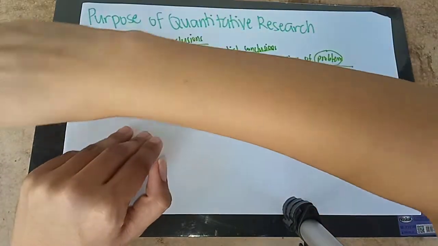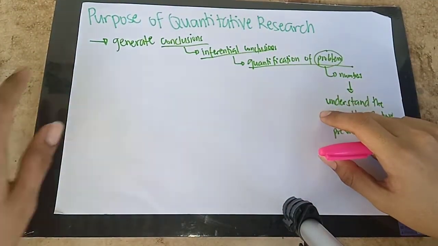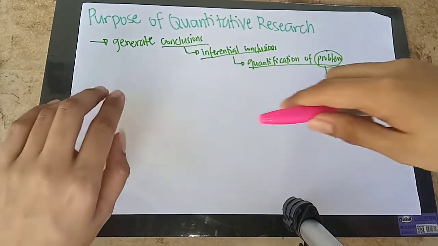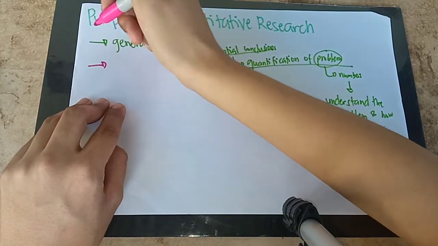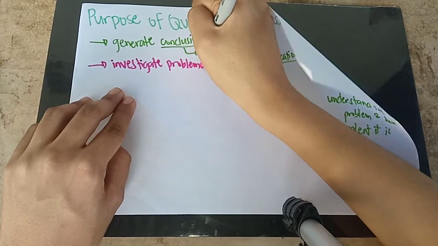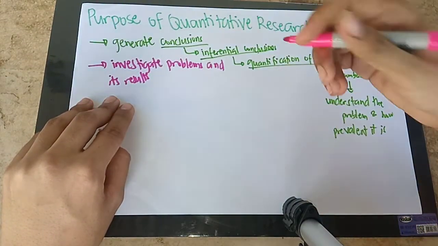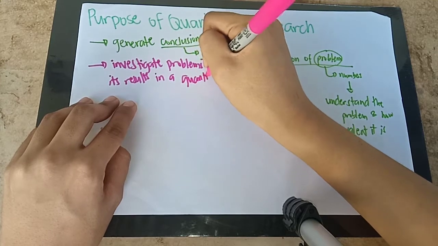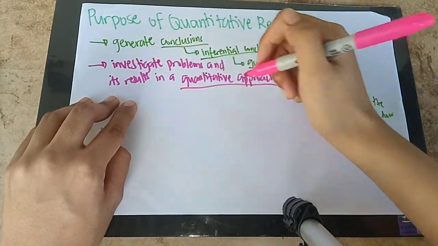Next, since quantitative research aims to generate inferential conclusions through the quantification of problems, in which this problem can be understood even more, quantitative research also has the purpose to investigate problems and its results in a quantitative approach.